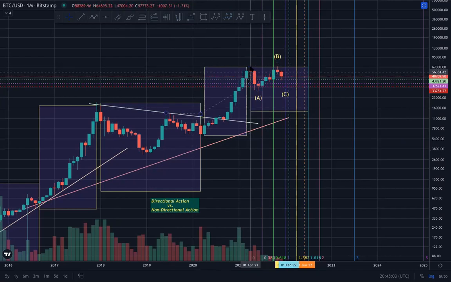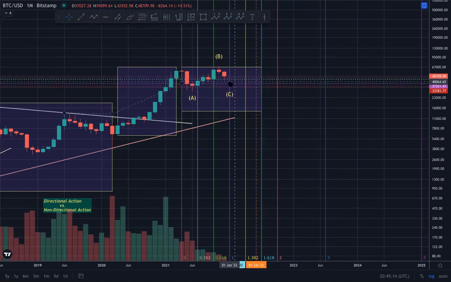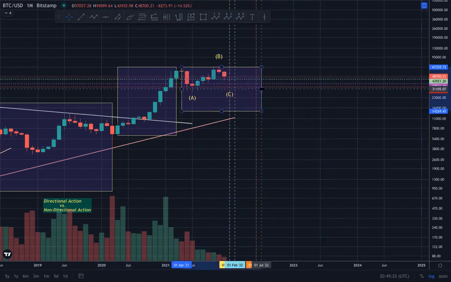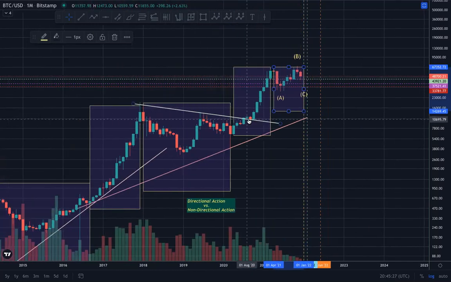Now, am I saying that means exactly that we're going to have this ABC correction where this C wave takes the same amount of time as this A wave, and so we're done by January of 2022, and then we're starting to figure out the next way out? In that case, this box here would be over here, you know what I'm saying?